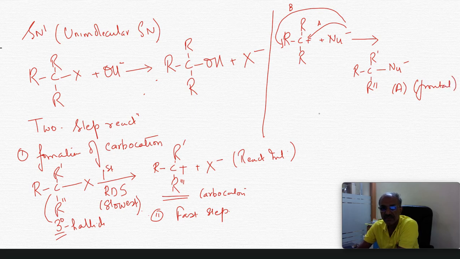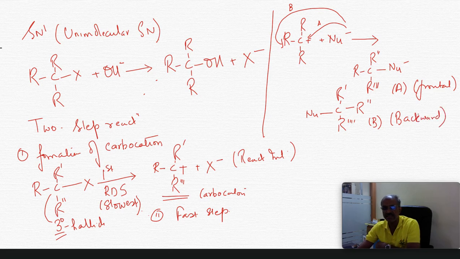And take for instance this is a nucleophile, and this is R, R double dash, R triple dash. So this is a backward attack, I can say. This is the frontal attack and this is the backward attack.